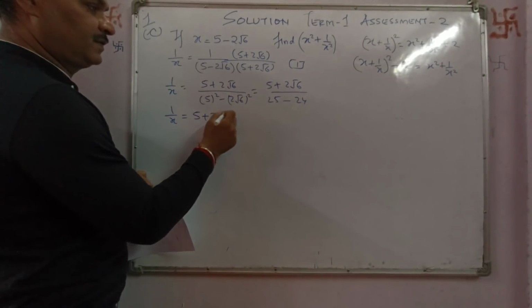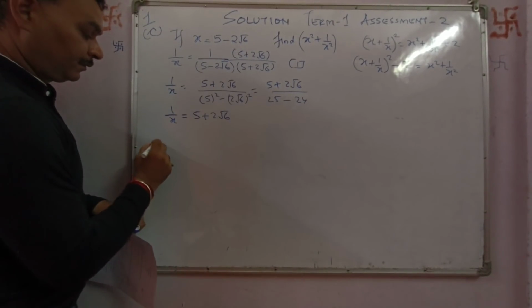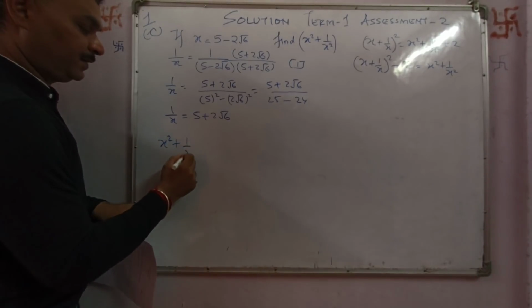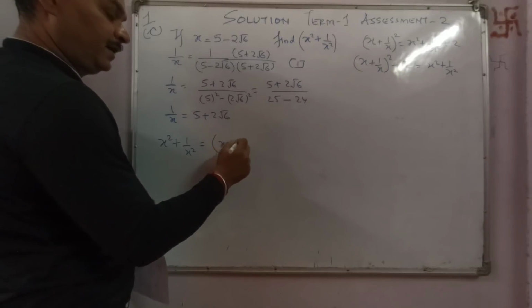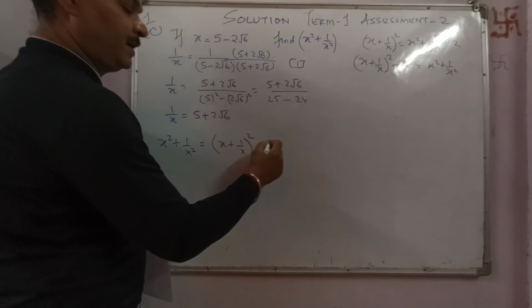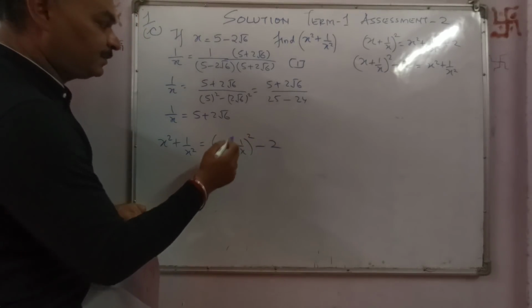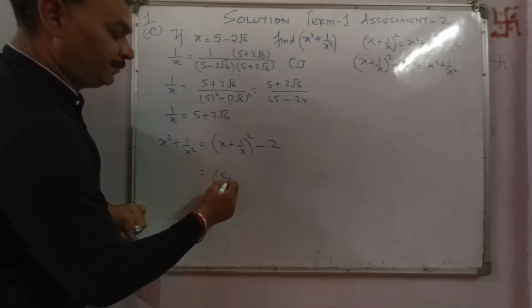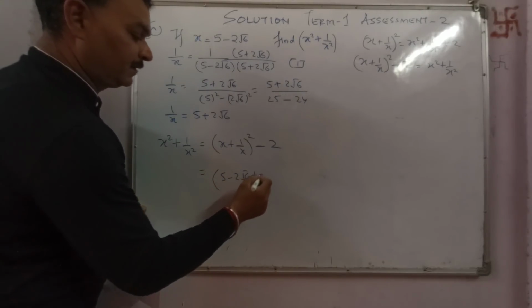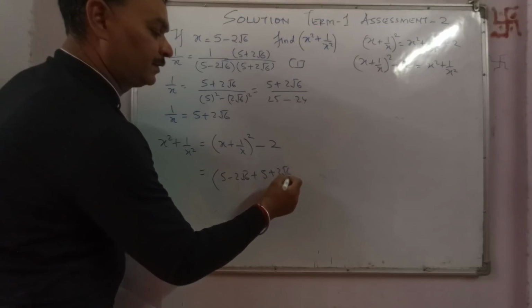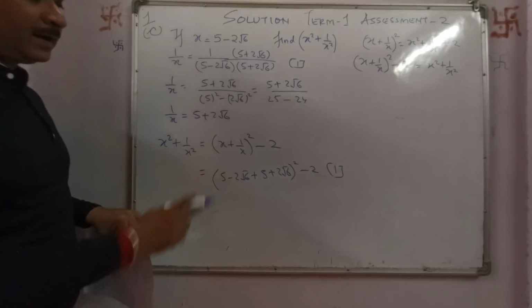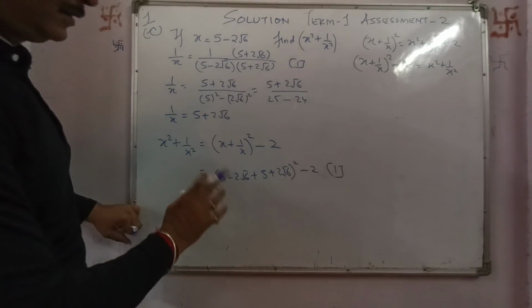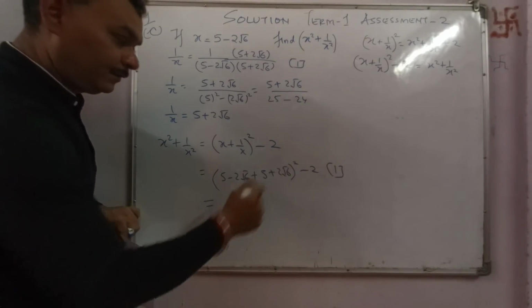Or we say 1 by x is equal to 5 plus 2 root 6. Now, so as to find the value of x square plus 1 upon x square, we will put the value x plus 1 upon x whole square minus 2. Now x plus 1 upon x, 5 minus 2 root 6 plus 5 plus 2 root 6 whole square minus 2. This will constitute 1 mark. Correct substitution of the values in the correct form will give you 1 mark for that.